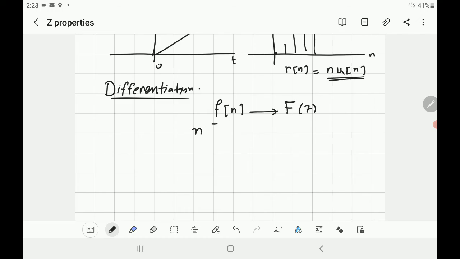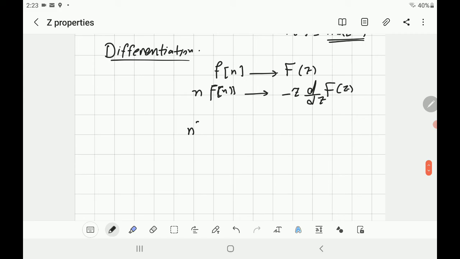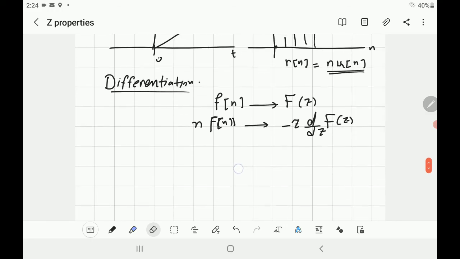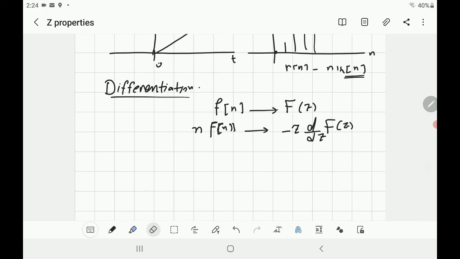If you multiply this one by n, all you're supposed to do is find the first differentiation of F of z and multiply it by minus z. What about if it's multiplied by n squared? Well, you will do the process again. You are going to differentiate again and multiply it by another minus z. So you can continue and do it for n cubed, n to the 4. So every time you differentiate, multiply by minus z. To make it simple, I will just solve this problem that we have in our hand now.